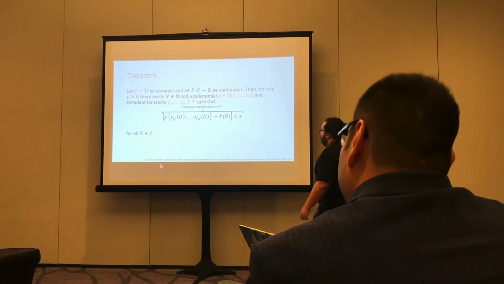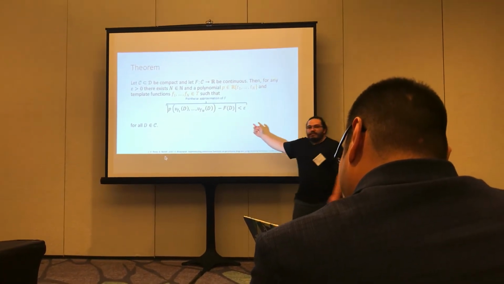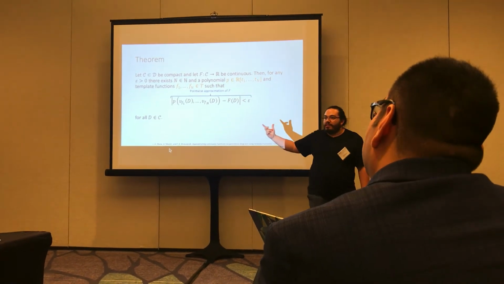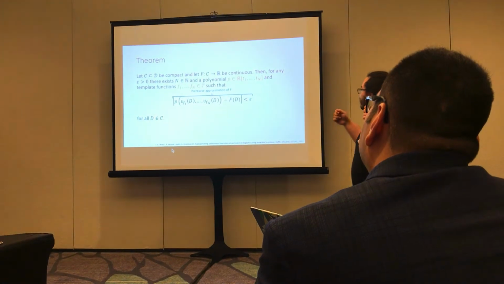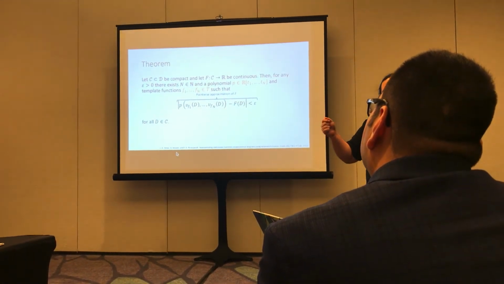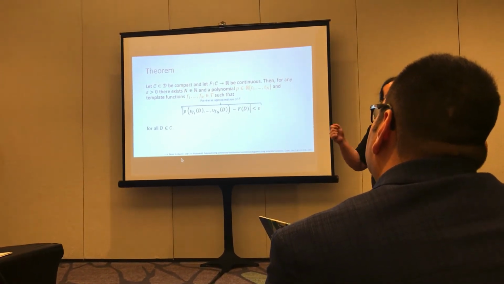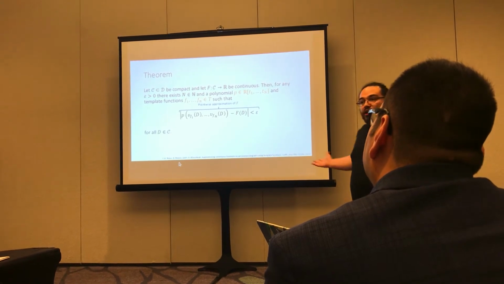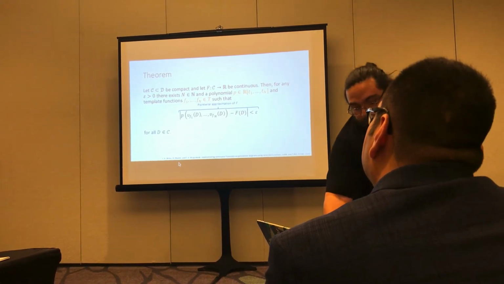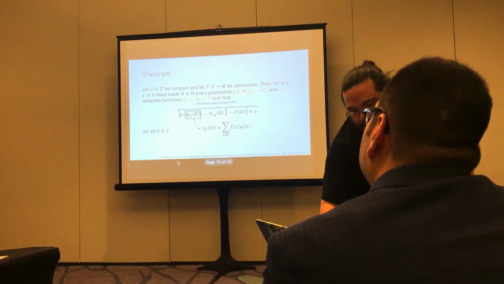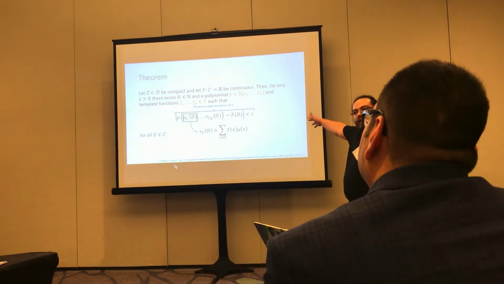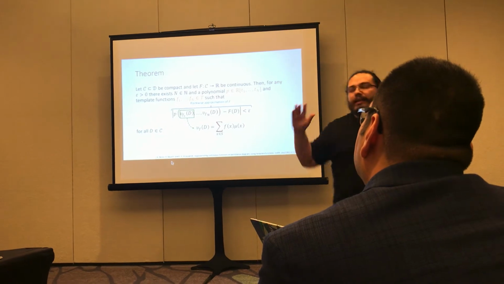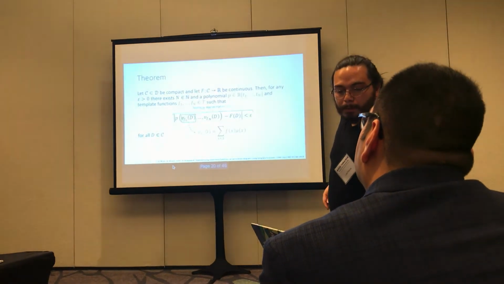This looks like a Stone-Weierstrass kind of theorem. It's telling you that a certain collection of template functions is dense enough in the space that I can approximate any function as I wish.